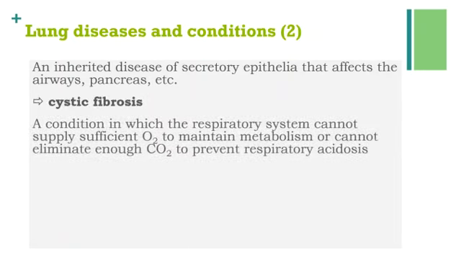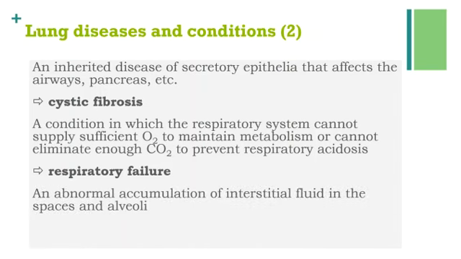A condition in which the respiratory system cannot supply sufficient O2 to maintain metabolism or cannot eliminate enough CO2 to prevent respiratory acidosis is called respiratory failure. An abnormal accumulation of interstitial fluid in the spaces and alveoli is called pulmonary edema.